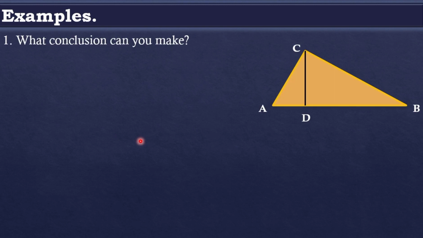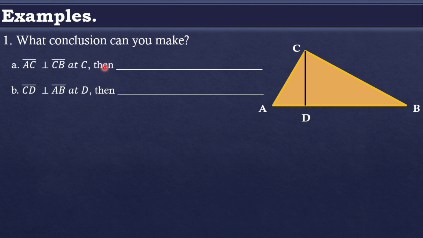Let's have an example. So, what conclusion can you make out of the given figure? So, ito po yung figure natin. Okay, meron tayo ditong figure na kung saan merong 4 points. Okay. So, let us try to answer the given question. So, ang sabi dito, segment AC is perpendicular, so this is the symbol for perpendicularity, to segment CB at C. So, si AC daw, perpendicular siya kay segment CB.